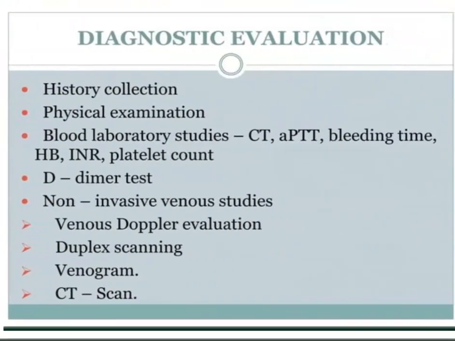The other thing you're going to do after you have done your clinical examination and your history is the diagnostic evaluation. Diagnostic evaluation, you're going to do your lab studies. You're going to do a clotting time, activated partial thromboplastin time, the bleeding time, and the hemoglobin. Okay, you're going to check your hemoglobin to assess if this patient is anemic.